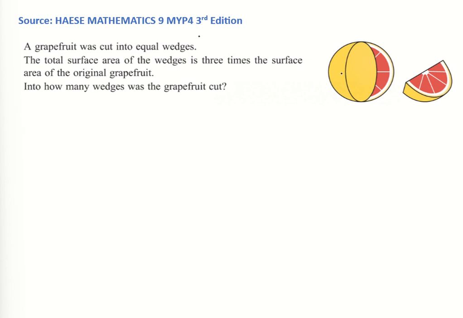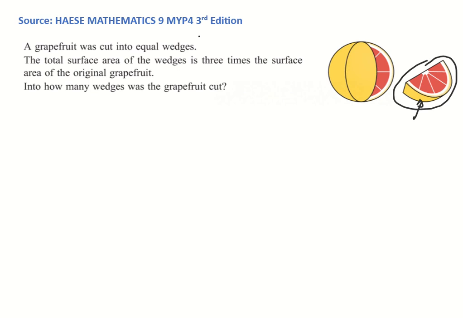Also, grapefruit has a spherical shape. So recall that the surface area of a sphere is 4 pi r squared. So if we consider one wedge, this yellow part of one wedge is actually equal to the surface area of the entire grapefruit divided by the number of wedges, which in this case we don't know.